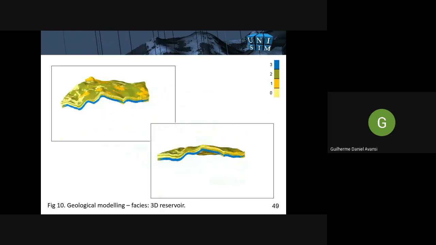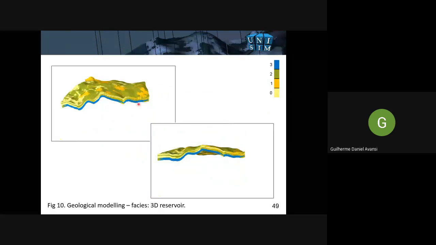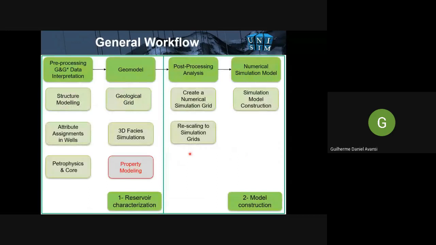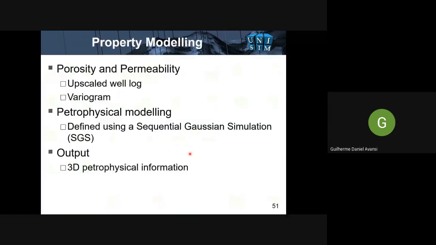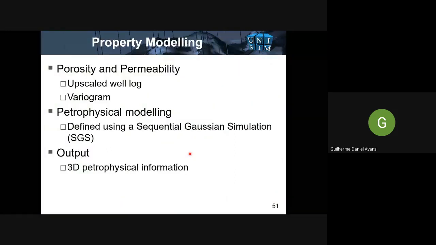And this is another 3D visualization. This is the top reservoir on one side and the other side. Okay, we modeled the rock types, the phases, and we move to the next one, which is property modeling. Property modeling follows the same sequence that we discussed for the phase modeling.